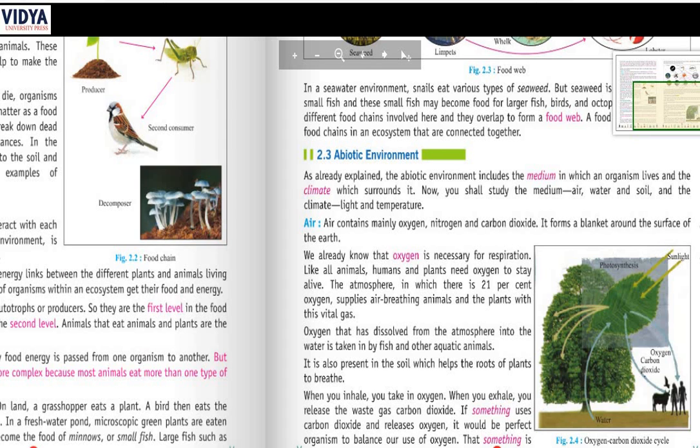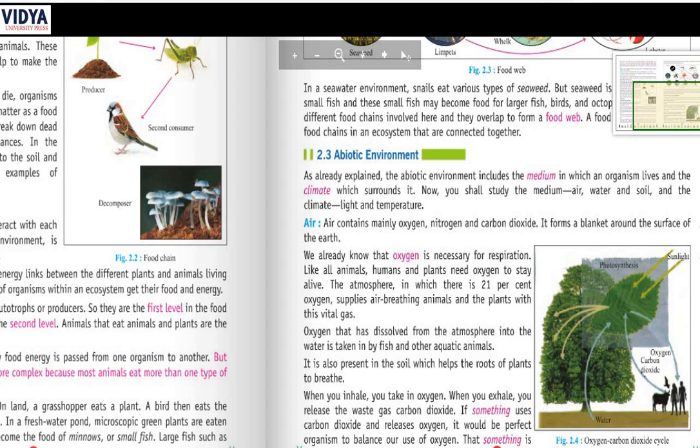In the last video, we completed our food chains and food webs, and in this video we are going to talk about the abiotic environment. As already explained, the abiotic environment includes the medium in which an organism lives and the climate which surrounds it.